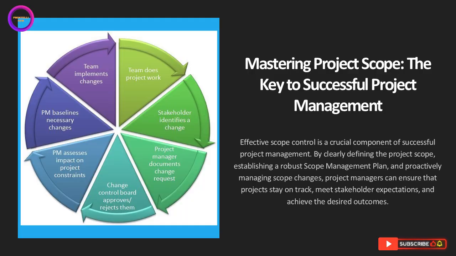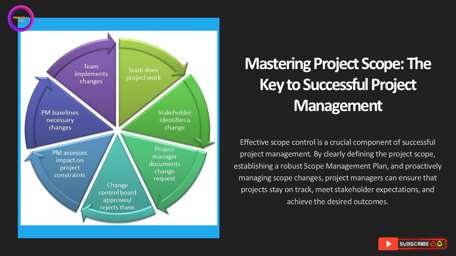A stakeholder identifies a change, the project manager documents it, the change control board reviews it, and if approved, the project manager assesses the impact, baselines the changes, and the team implements them. This structured process is vital for managing scope effectively.